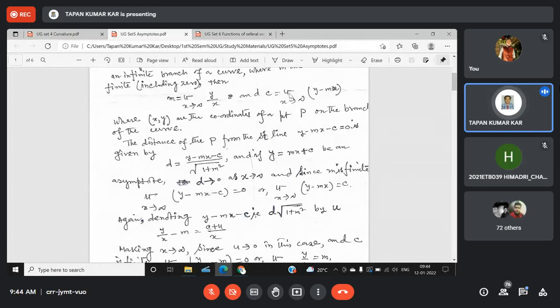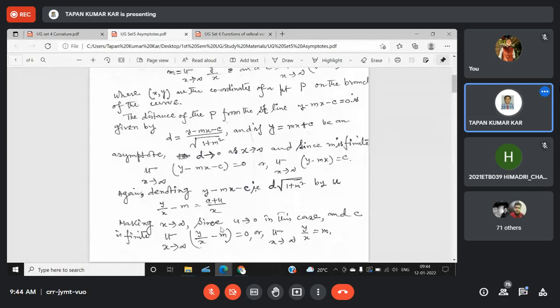So look at this formula: m equal to limit x tends to infinity y by x and c equal to limit x tends to infinity y minus mx. So one part is given, c equal to limit x tends to infinity y minus mx. Next, again, d equal to y minus mx minus c by root over of 1 plus m square.